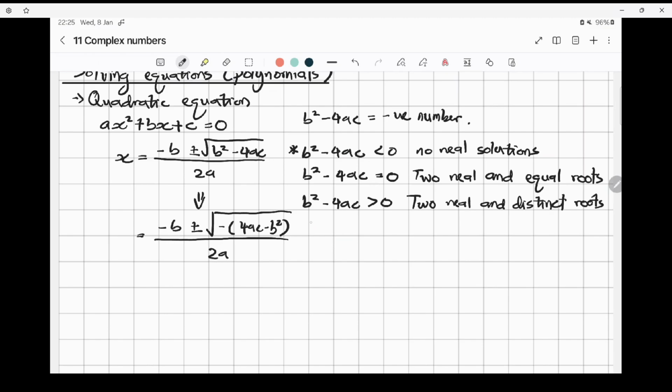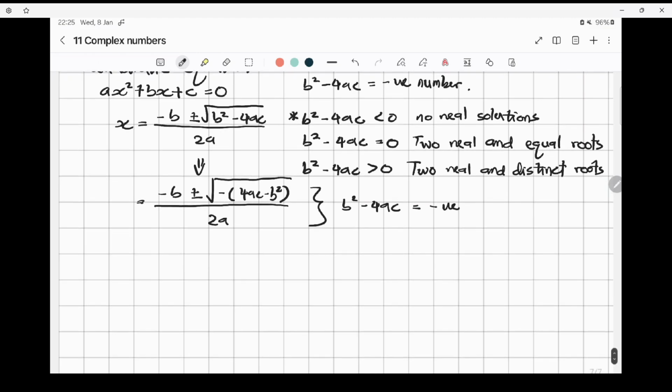So basically over here my assumption is that b squared minus 4ac is negative. Then after that, what you can do is write it back. So 4ac minus b squared will become a positive number because you already factorized out the negative sign. And square root of negative 1 equals i, which I write here.